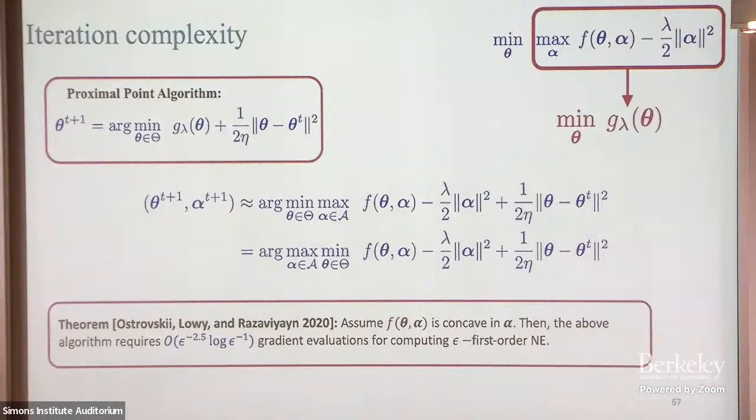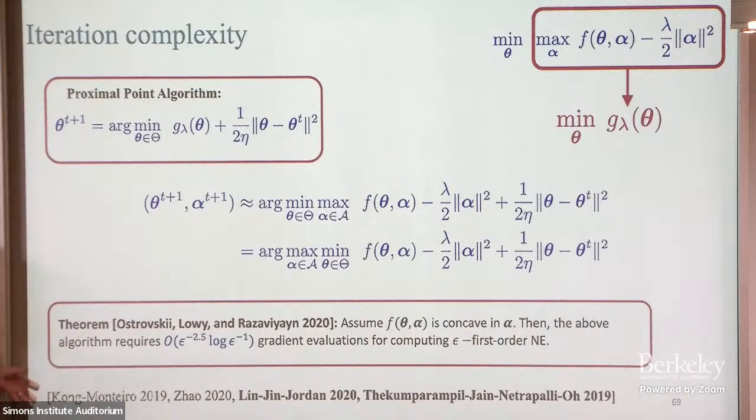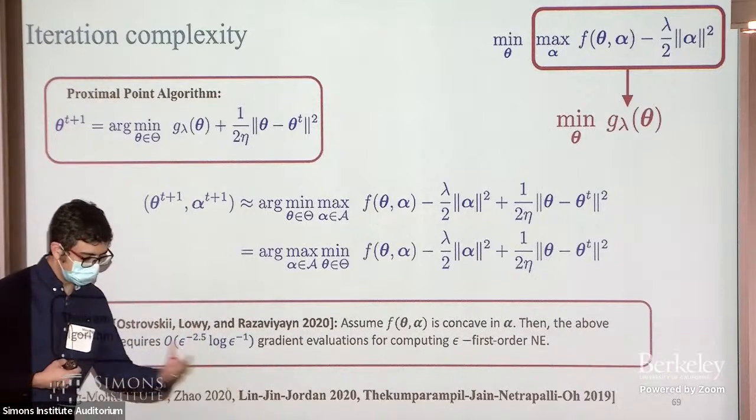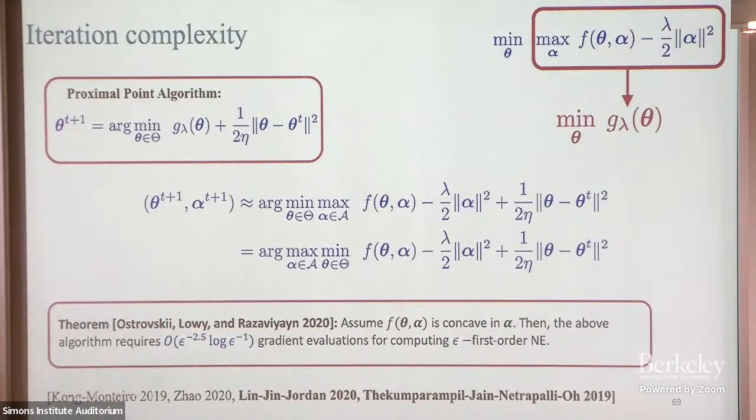Okay, good. So you get this rate of convergence, and a similar rate of convergence has been observed in other works. In particular, Kong and Monteiro get a similar rate of convergence, but one difference is that they assume they have access to the gradient of the smooth version of the function, which is different than having access to the gradient of the original function, because it's not clear in different applications how you get access to the gradient.